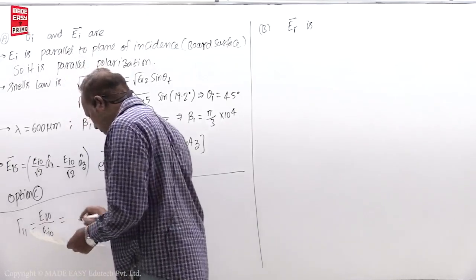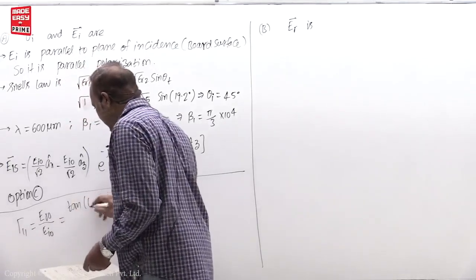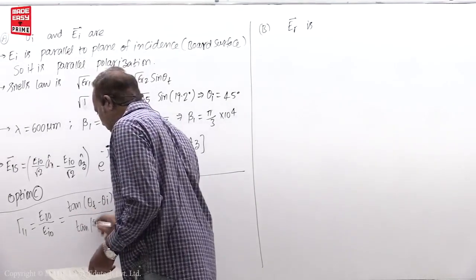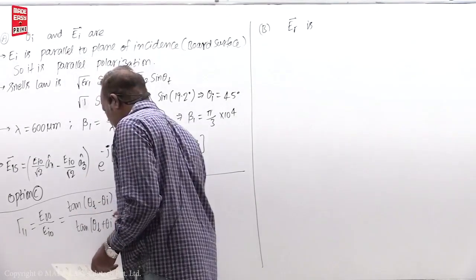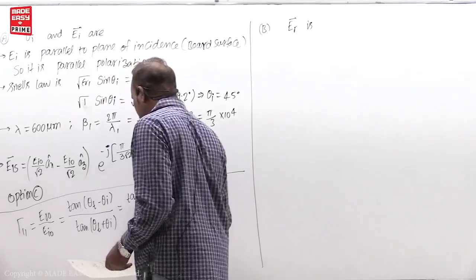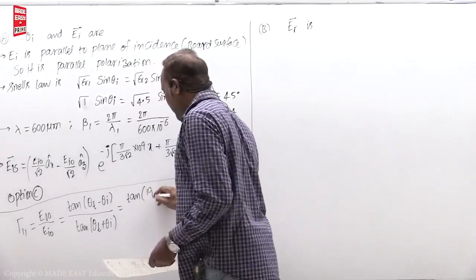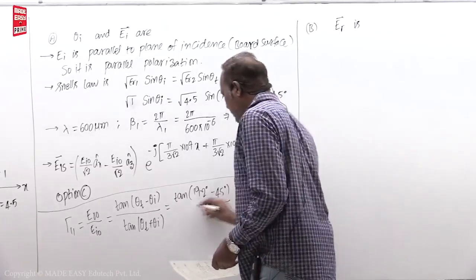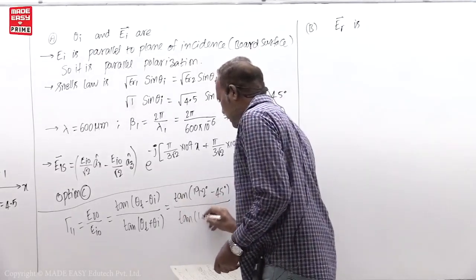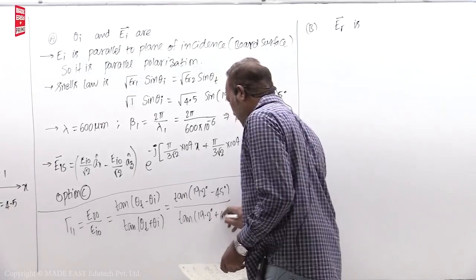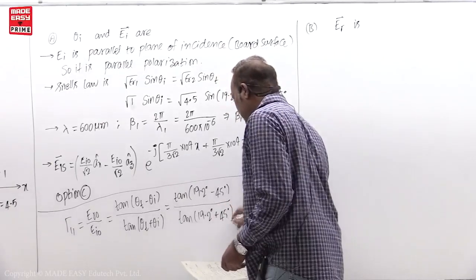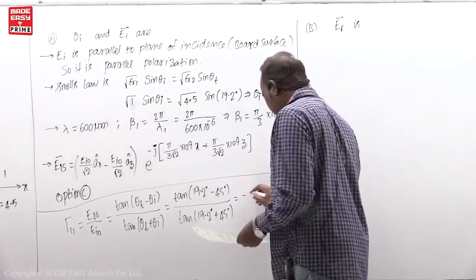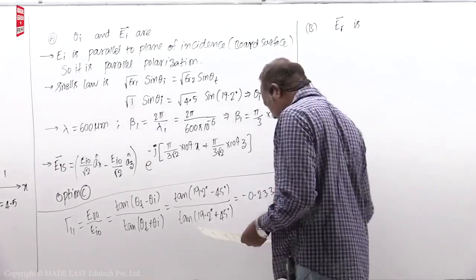That is nothing but tan theta t minus theta I divided by tan theta t plus theta I, which is equal to tan 19.2 degrees minus 45 divided by tan 19.2 plus 45 degrees, and this value becomes minus 0.233.